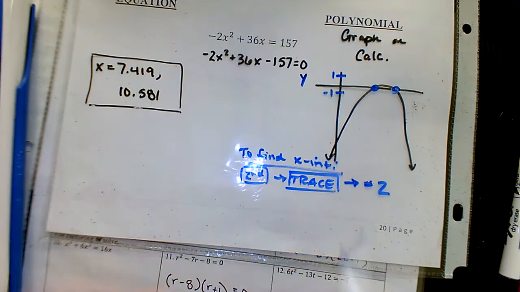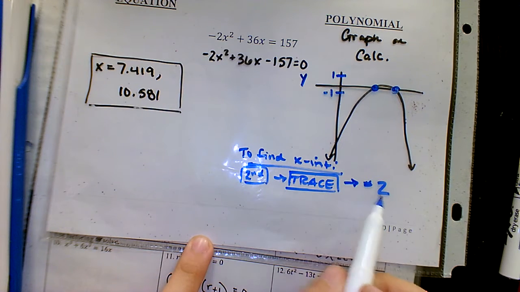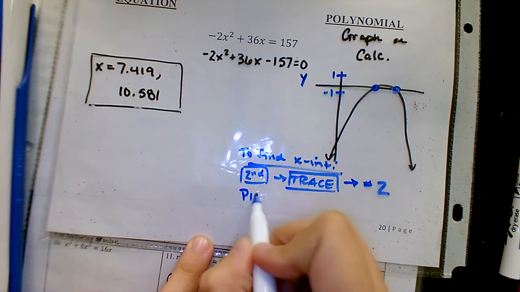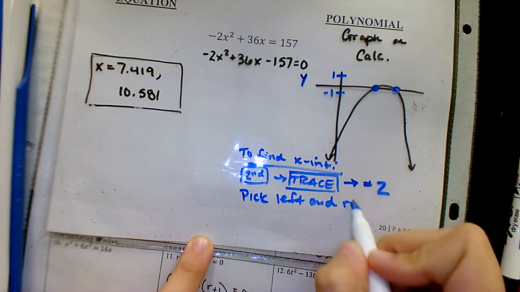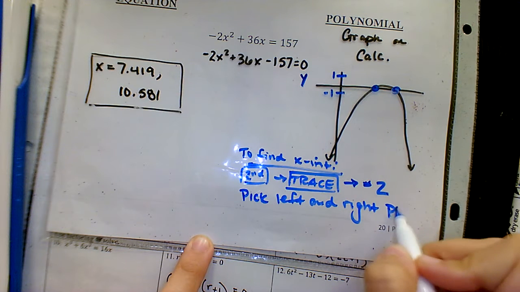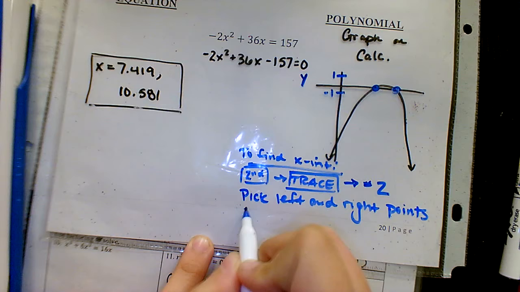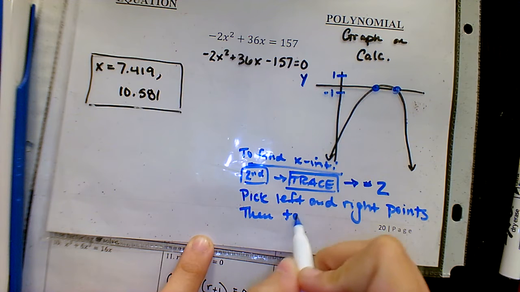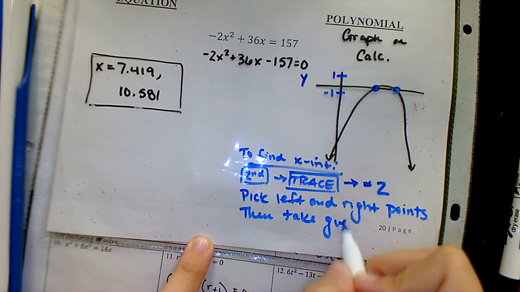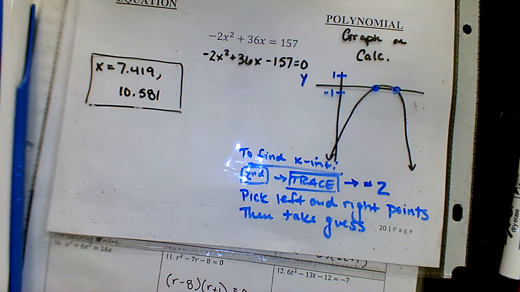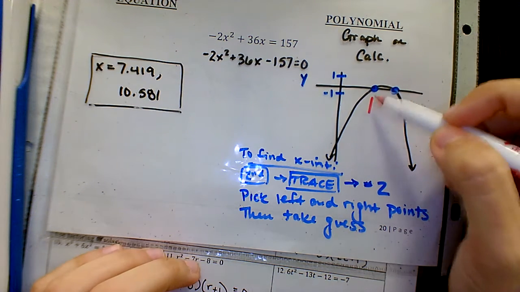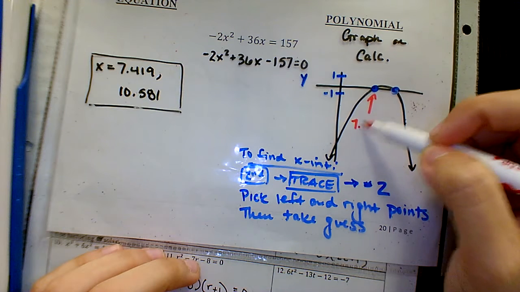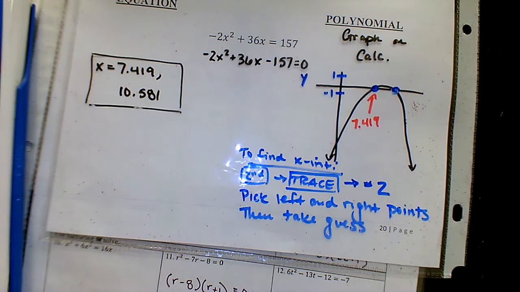So to finish our steps here, we're going to hit second, trace, choose option number 2, pick left and right points, then take your guess. So this first x-intercept was 7.419.